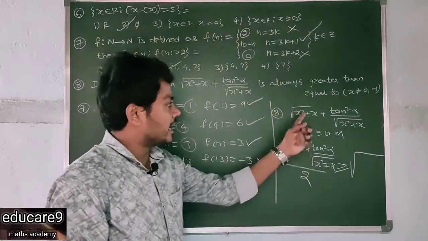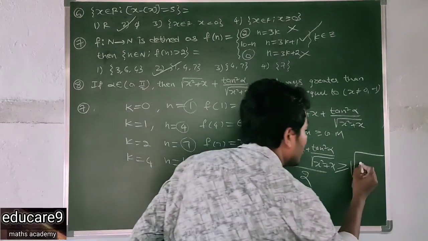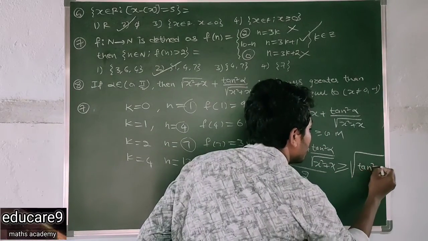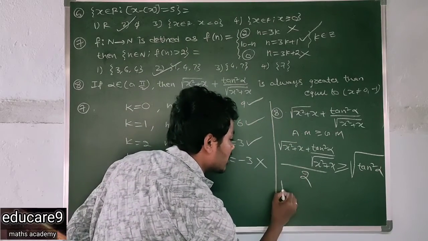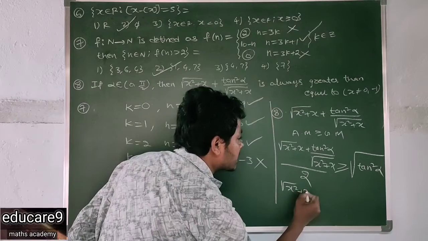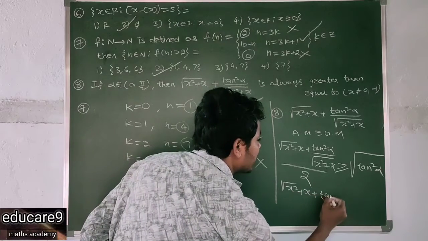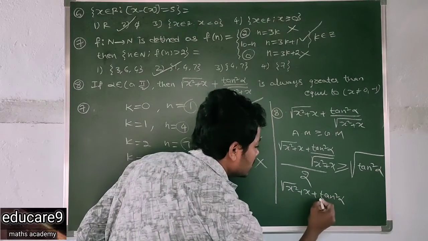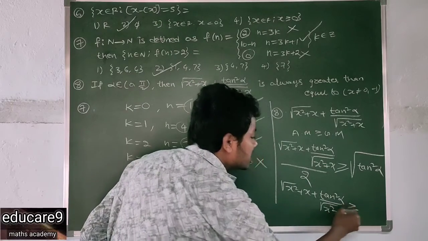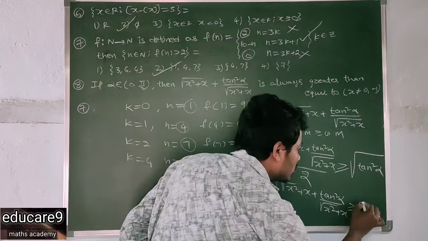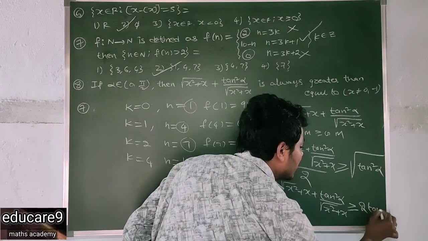Okay, so what do you get? Tan square alpha. Now this, square root of x square plus 6 plus tan square alpha divided by square root of x square plus 6, is greater than or equal to 2 tan alpha.